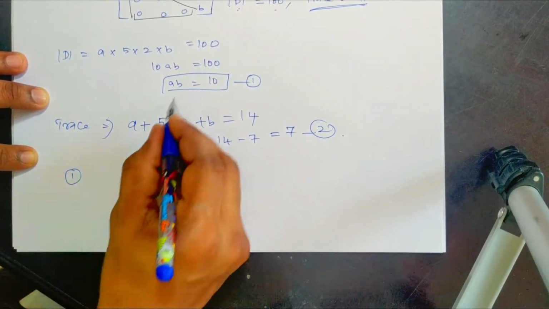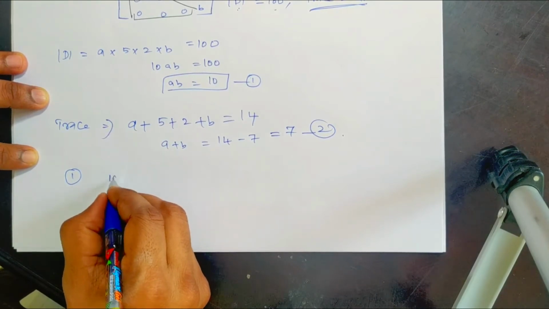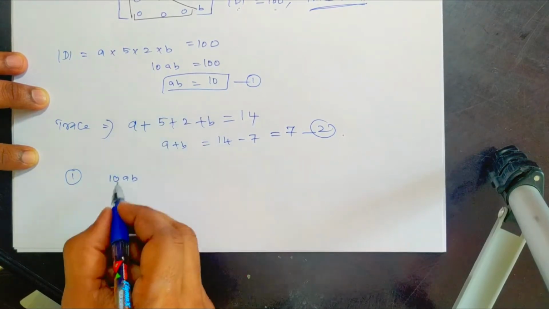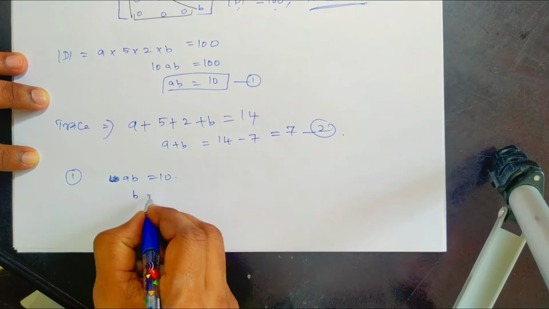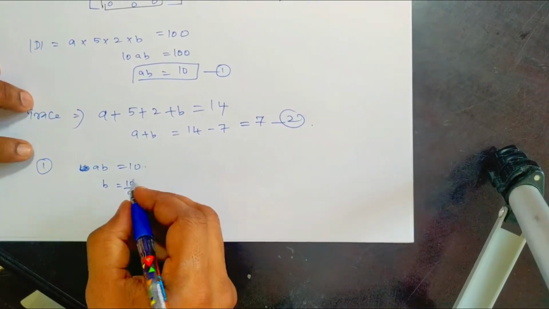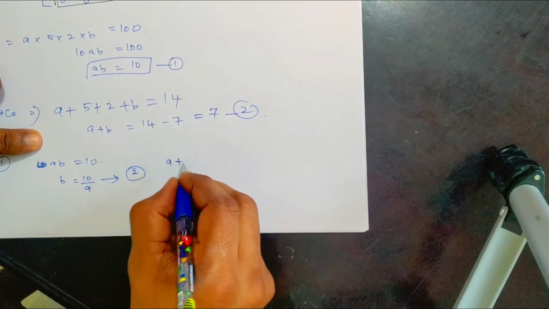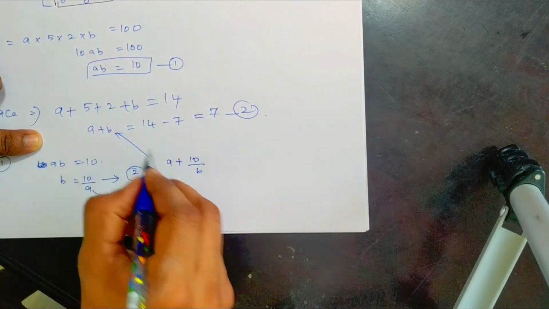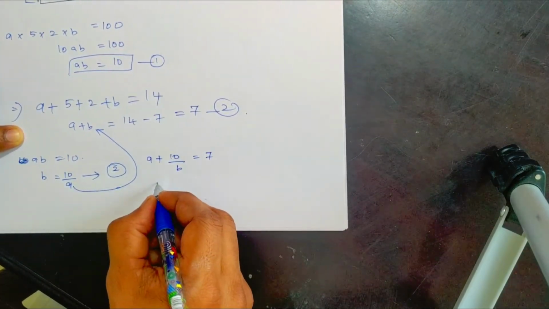From equation number 1, AB is equal to 10, and B is equal to 10 by A. Substituting this in equation number 2, A plus 10 by A is equal to 7.